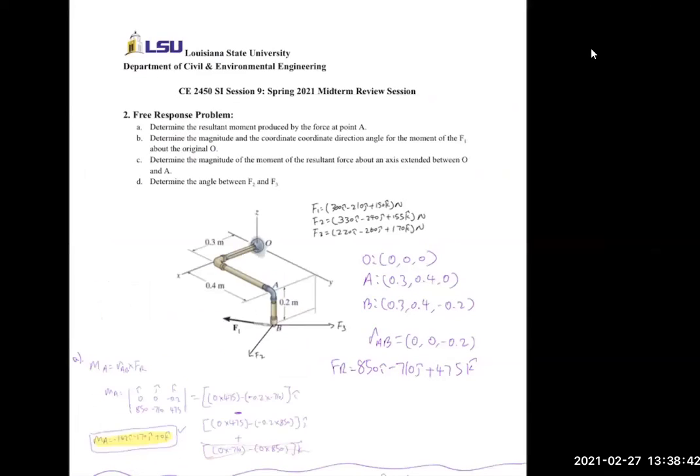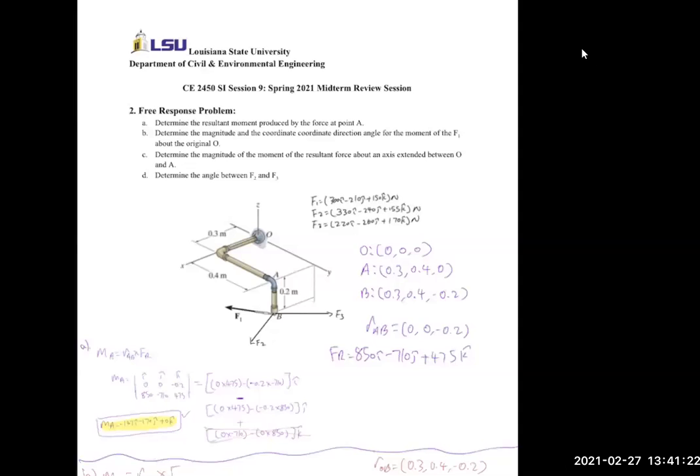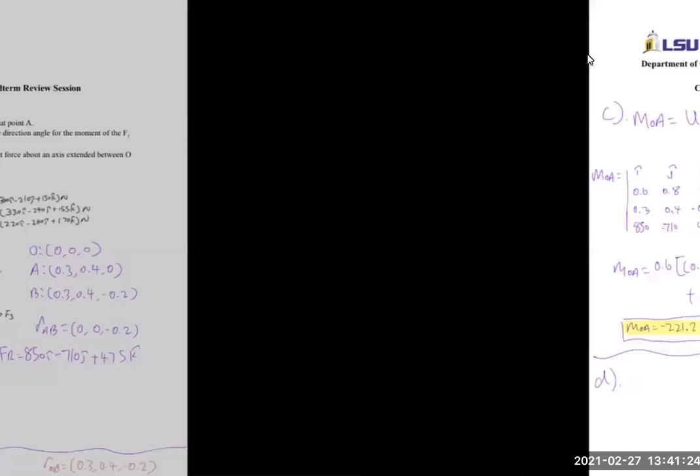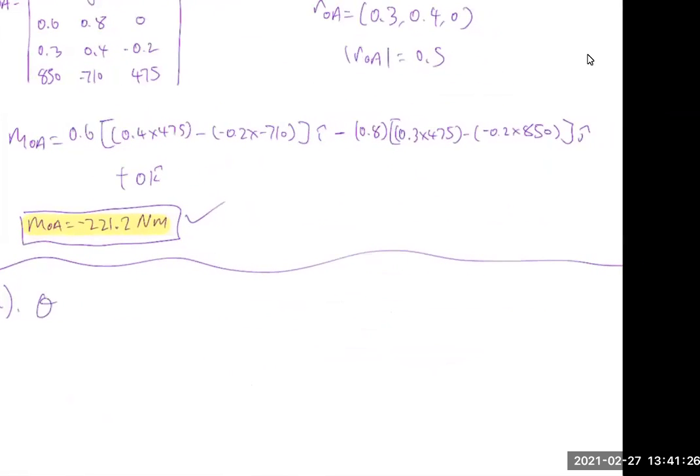Determine the angle between F2 and F3. So this time it's for F2 and F3. Theta equals cosine inverse of F2 vector multiplied by F3 vector divided by magnitude of F2 multiplied by magnitude of F3.